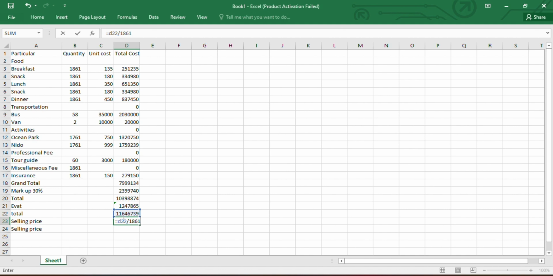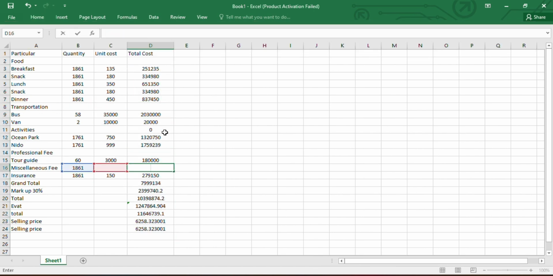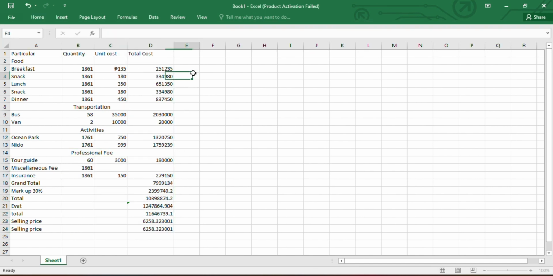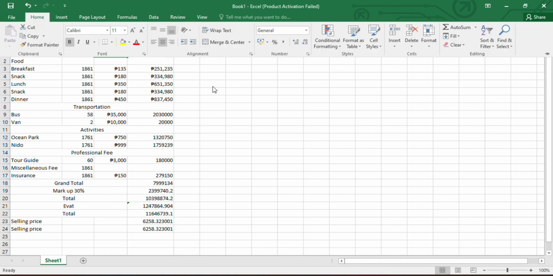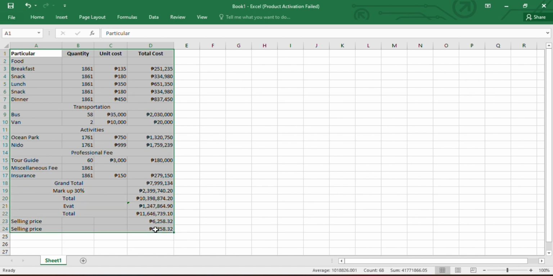And after that, I'm going to fix all of the cells. And then there you go. So that's how you compute a selling price for our tour.